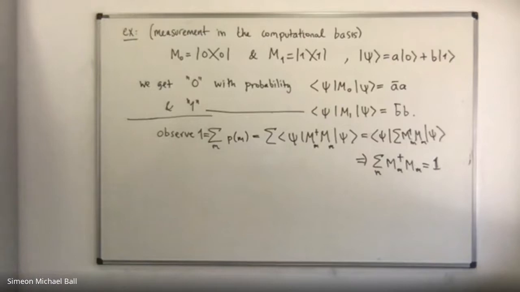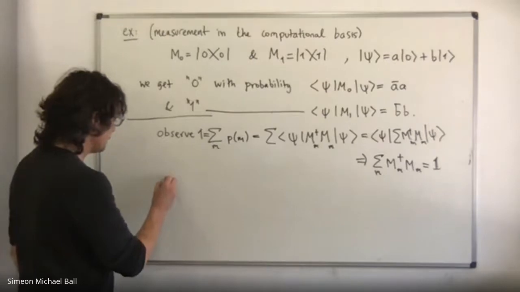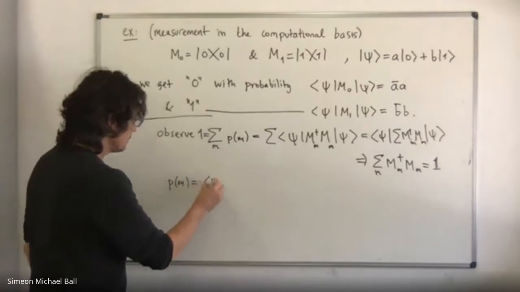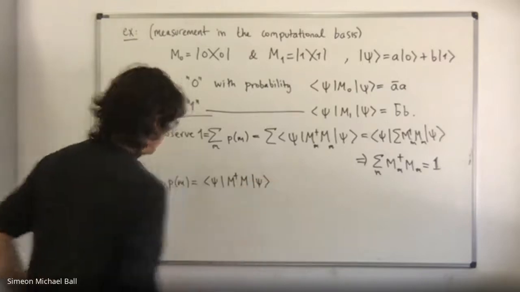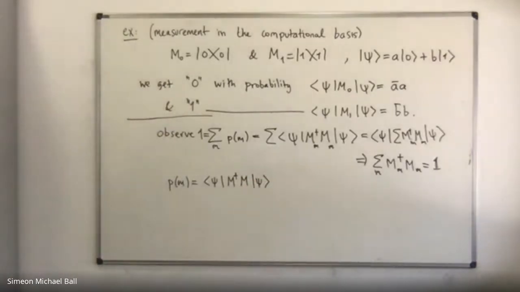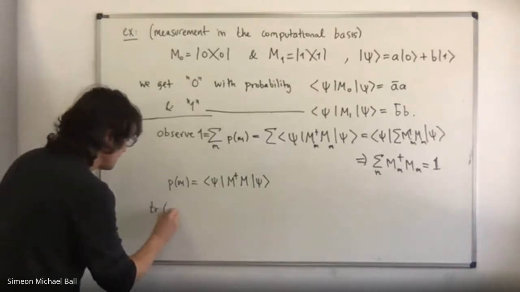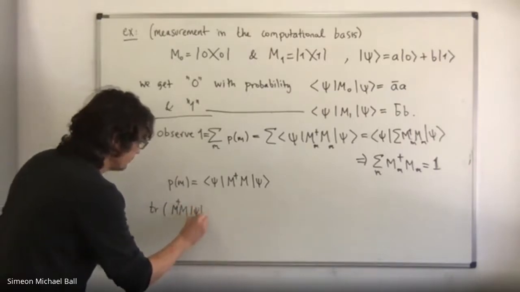So I just want to see what happens to these density matrices. If after the measurement, PM was this, what is the trace of this matrix?